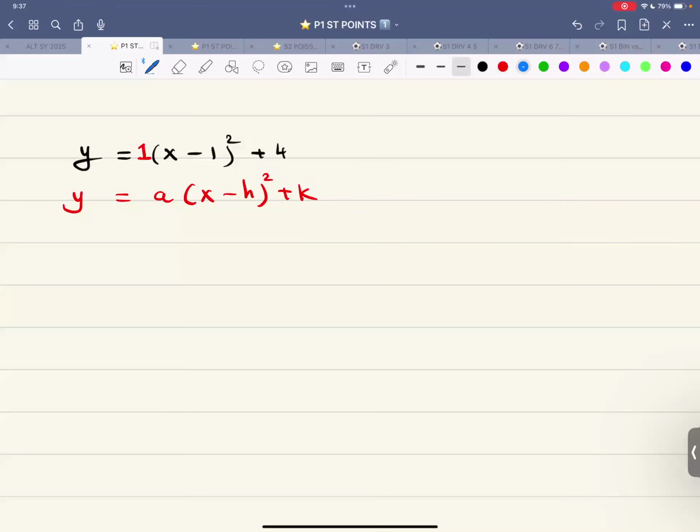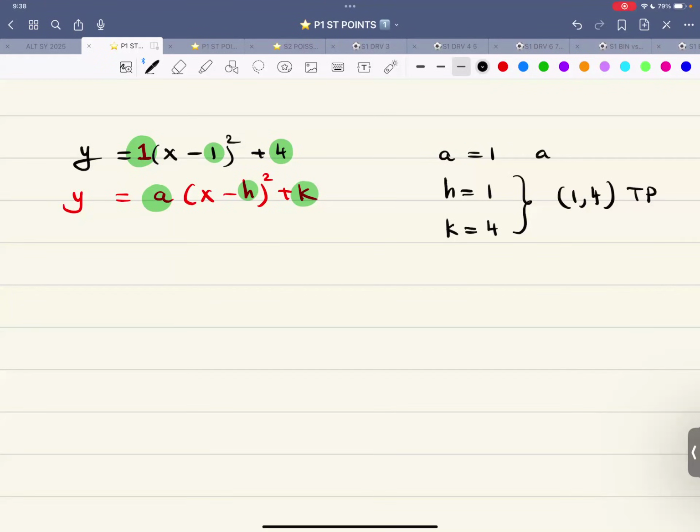So if I compare coefficients, this 1 is the same as a, this 1 is the same as h, and this 4 is the same as k. So therefore, a is 1, h is 1, and k is 4. That means (1, 4) is the coordinate of the turning point.